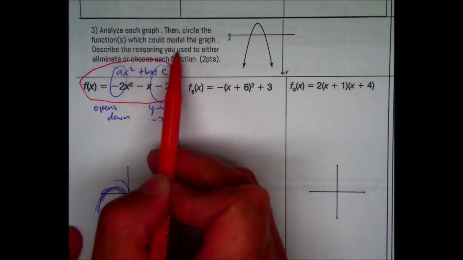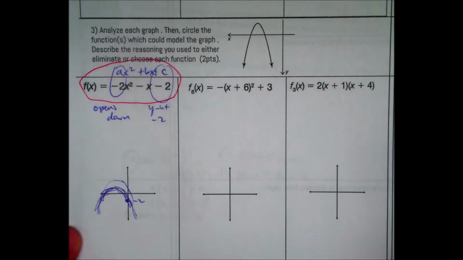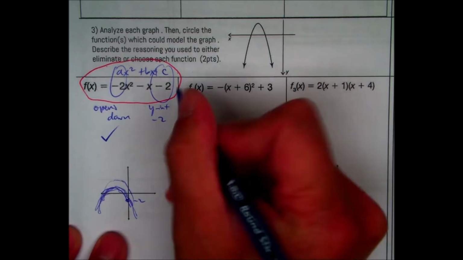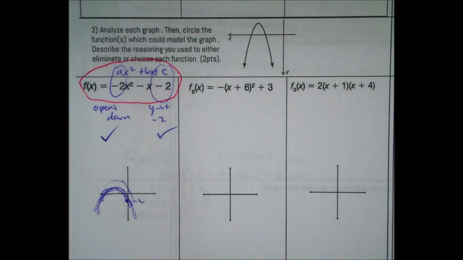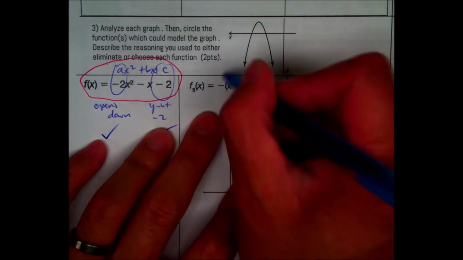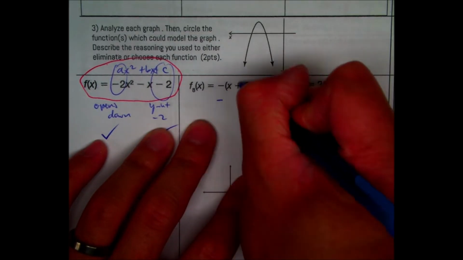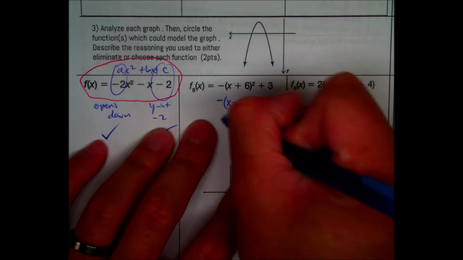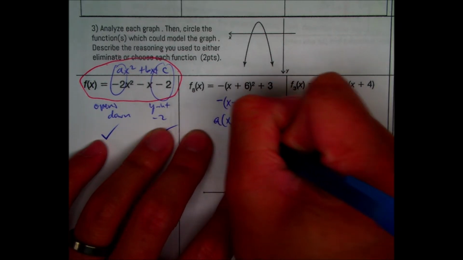Describe the reasoning you use to either eliminate or choose the function. Graph opens down and has a y-intercept of negative 2. This one, I'm going to change the plus sign to a minus, and write the form right underneath it.